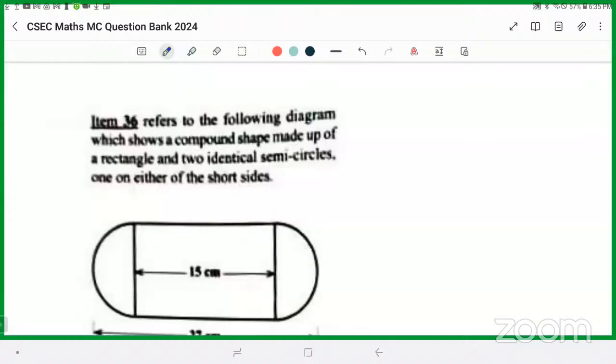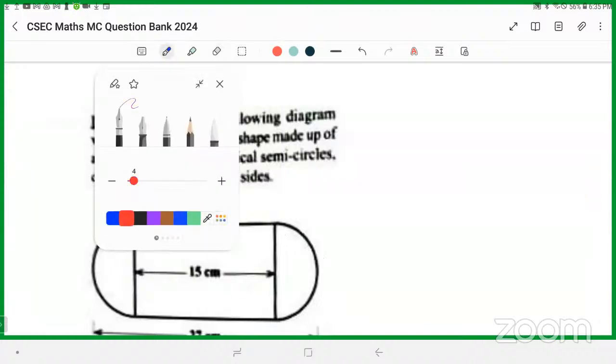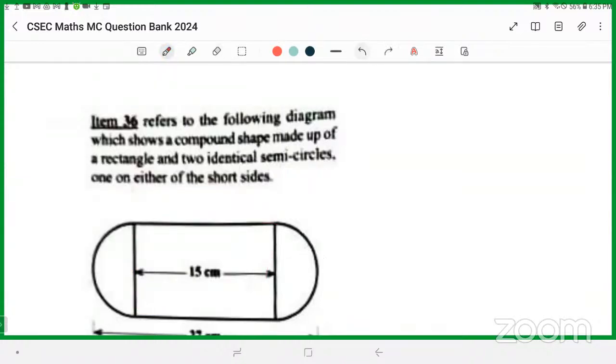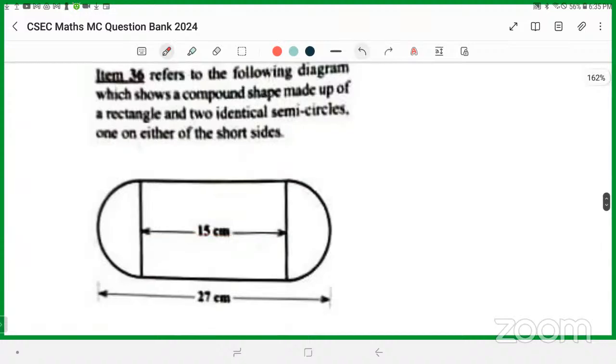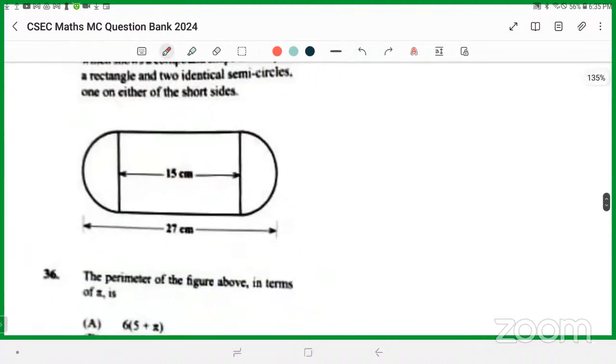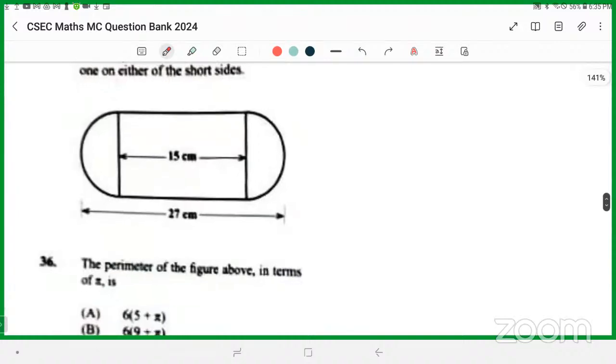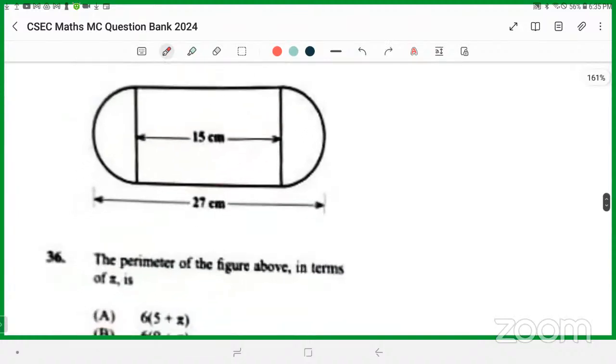It says, this one refers to the following diagram, which shows the compound shape made up of a rectangle and 2 identical semicircles at either end. So these are 2 semicircles over here, and they have a rectangle in between. The length of the rectangle is 15, as you can see. It asks for the perimeter of the figure. So this distance across from end to end is 27, and inside it says 15.